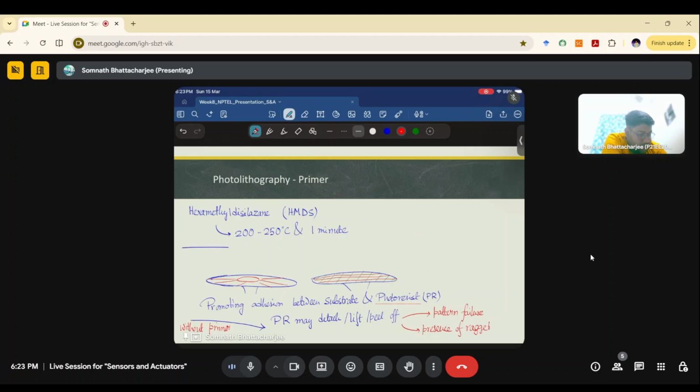So let's say your intended pattern was like this, but in reality it will be like this. Not everywhere. There might be some places which are very smooth, but somewhere there will be some ragged edges. So you will have your pattern, but if your pattern is very small, then the problem will occur.